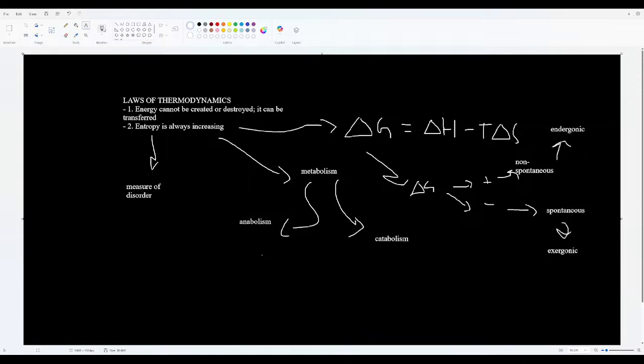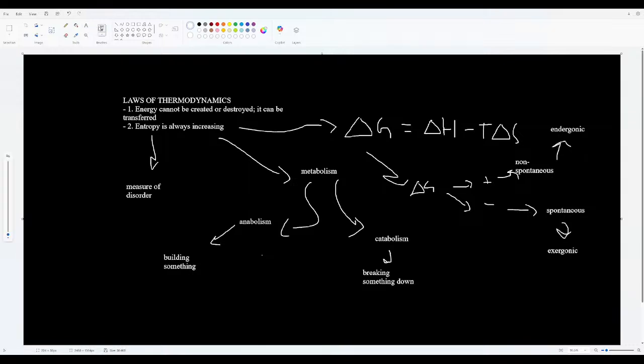Anabolism is when we are building something. This is the vase. We're building the vase, right? Catabolism is when we're breaking the vase down, breaking something down. Building and breaking. Anabolism, catabolism. Put them together, metabolism, right?